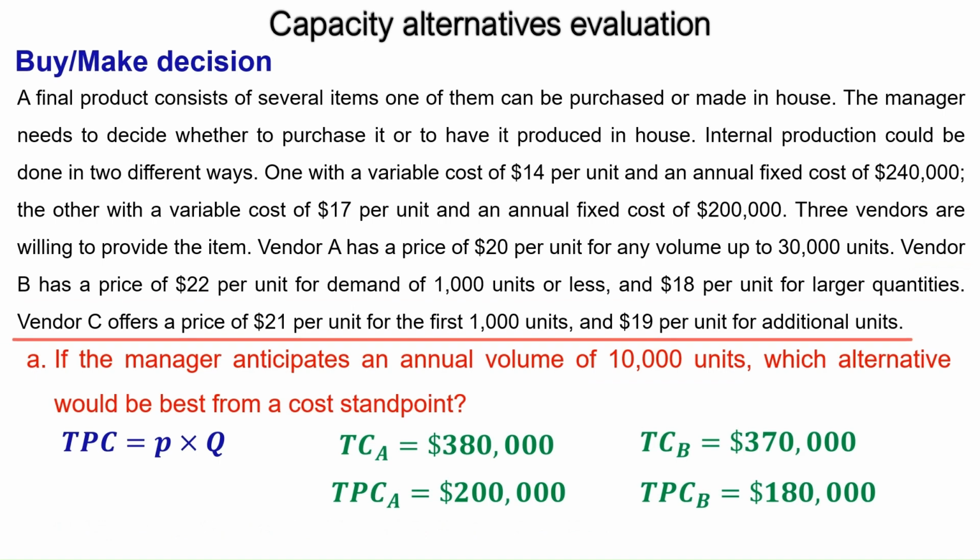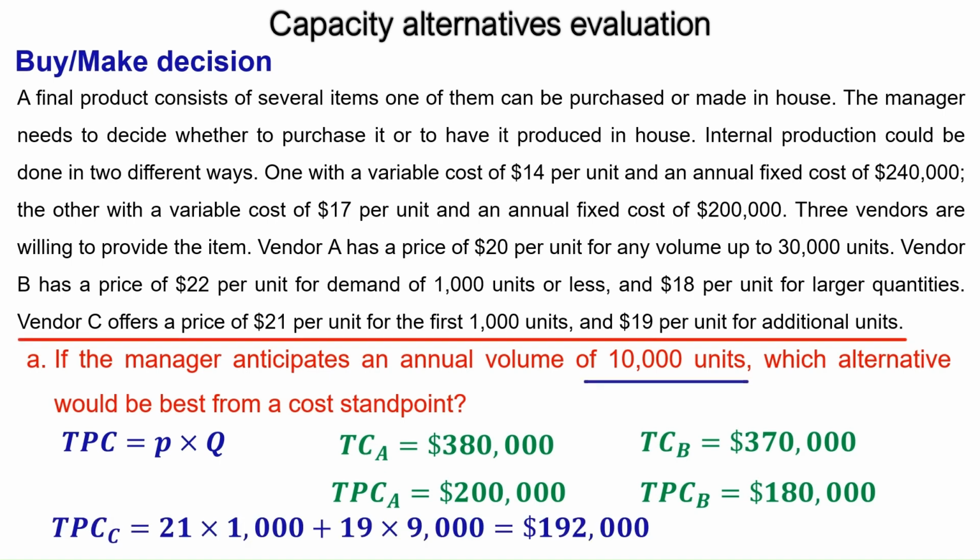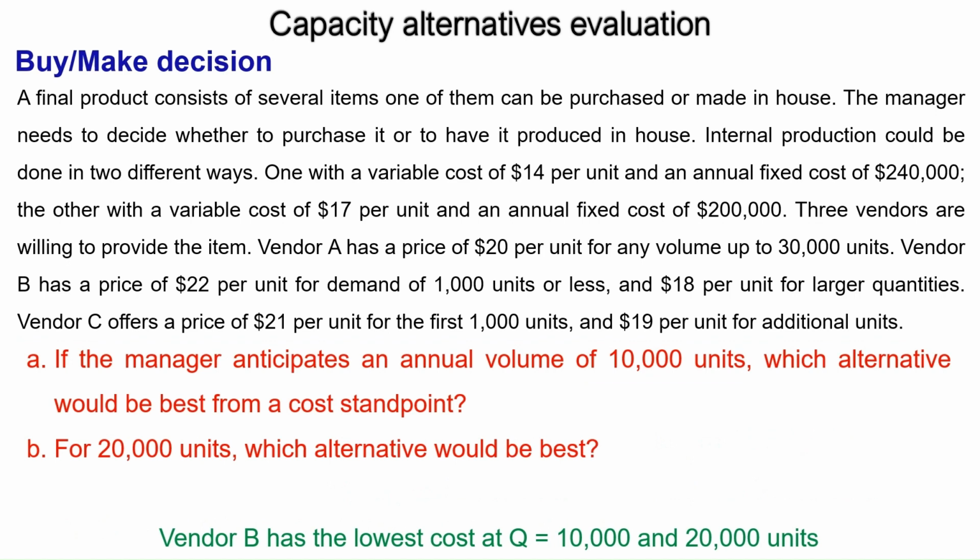For vendor C, he offers two prices as well, $21 for the first 1,000 units and $19 for any additional units. So, TPCC equals 21 multiplied by 1,000 plus 19 multiplied by 9,000 equals $192,000.